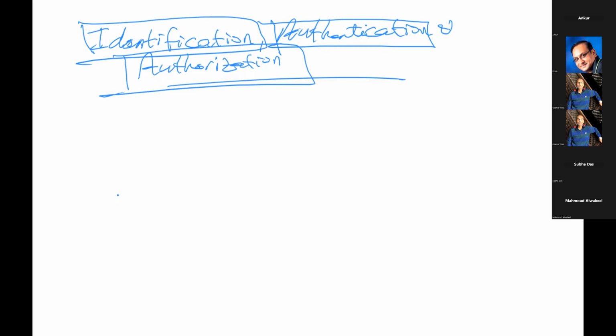When we are speaking about authentication, authorization, and accounting, we will speak about something called federation. Did you hear about this before? Yes. What is federation?